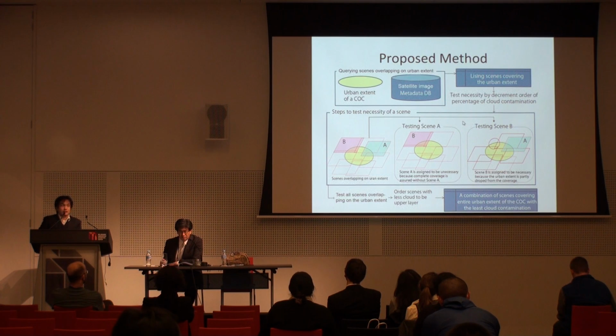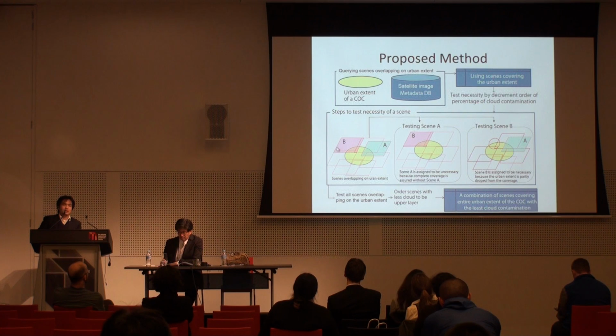Then this set of satellite data is tested regarding the coverage of the urban extent. For example, in this case, if we reject satellite data A, the coverage for the urban extent is still complete like this.